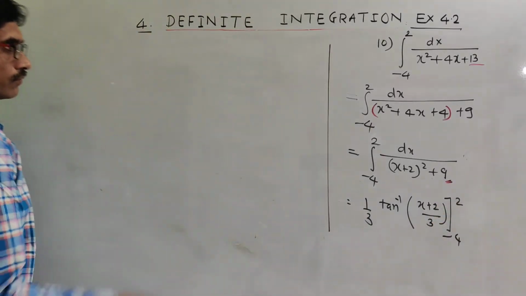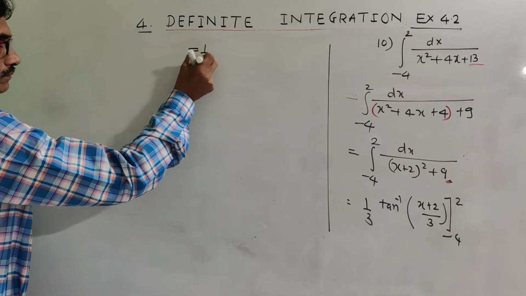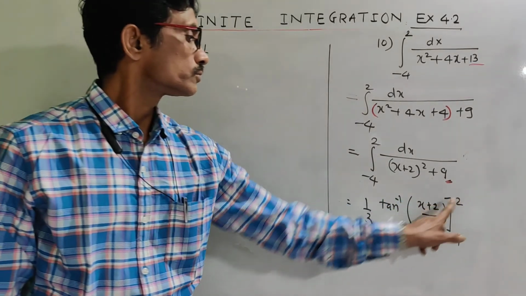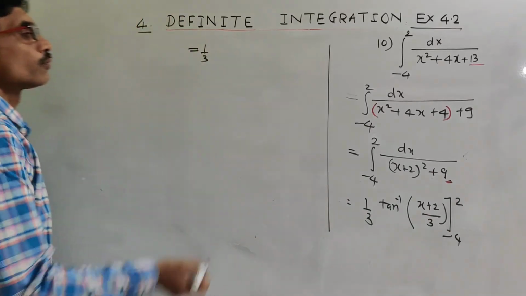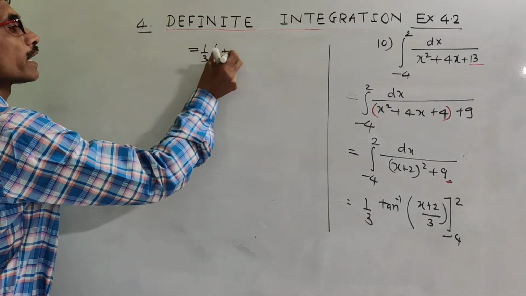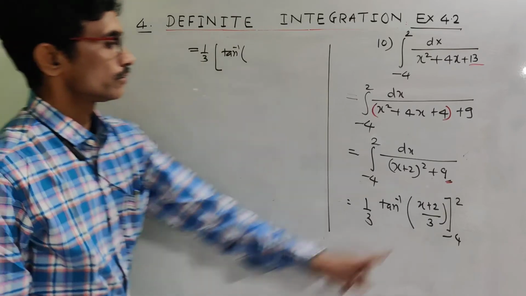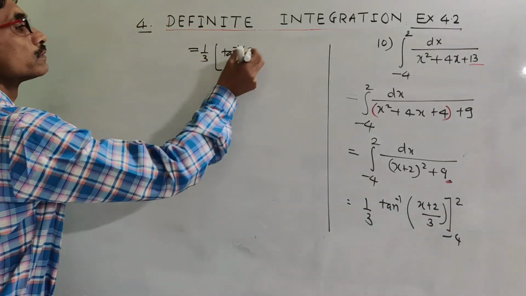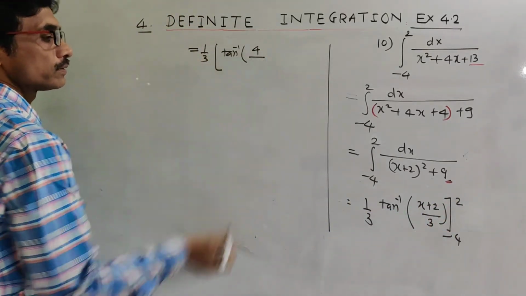Then 1 by 3. Upper limit is 2, so 2 plus 2, 4: tan inverse of 4 upon 3.